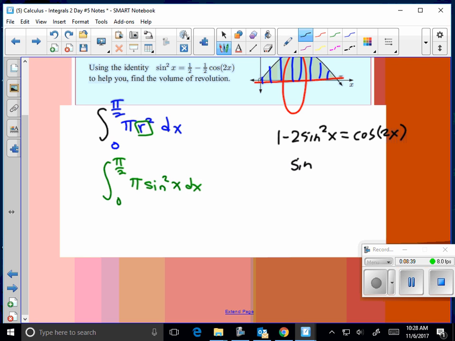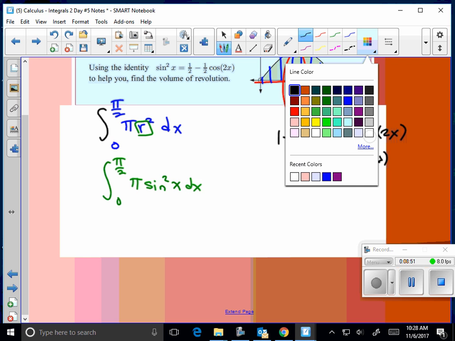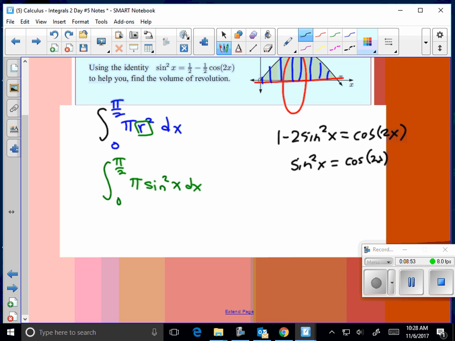So what I do then is I just simplify and find what sine squared x is. Well, I would subtract 1 and divide by negative 2. So that would be cosine 2x minus 1, right?